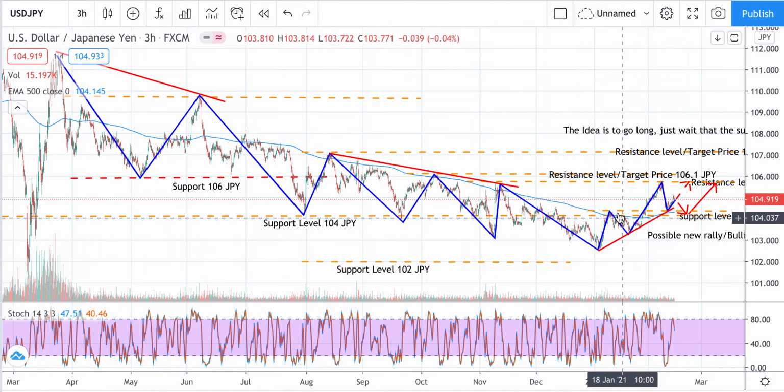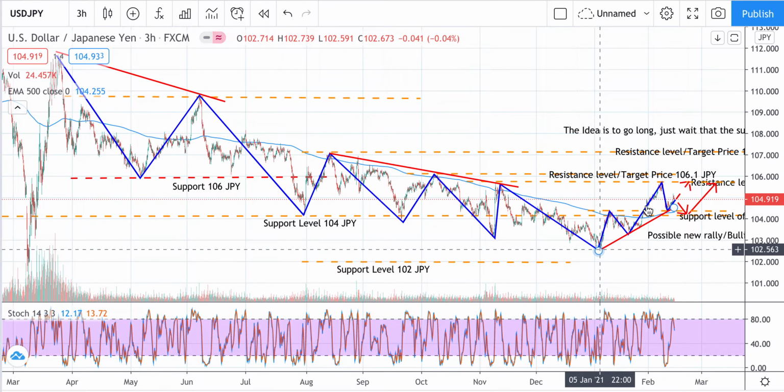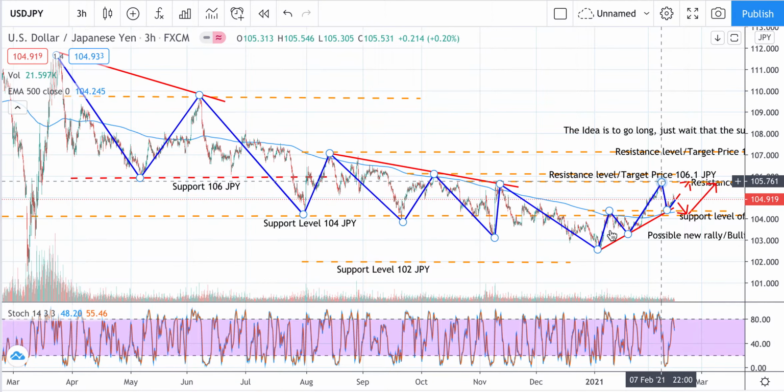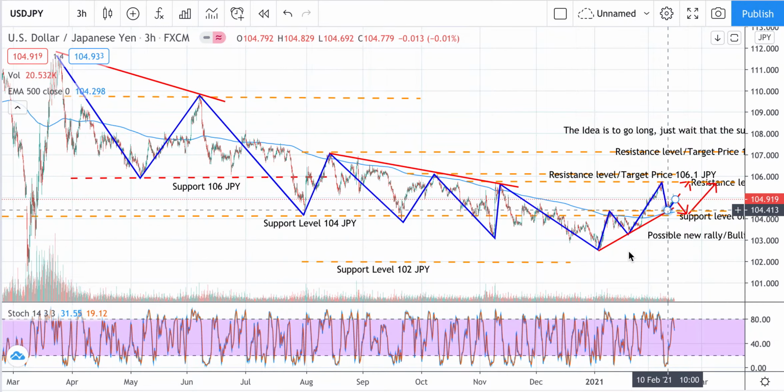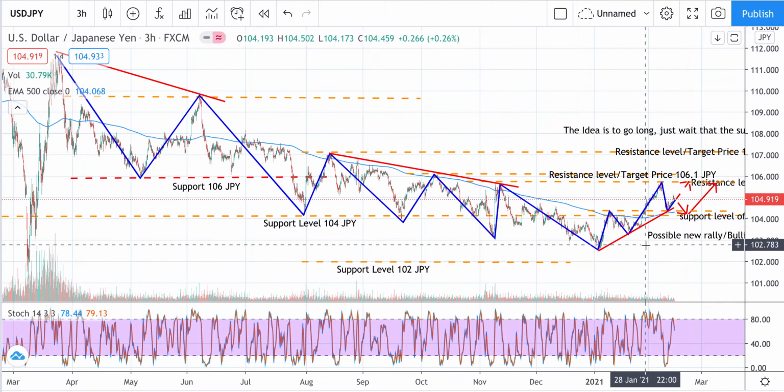Generally what happened is that we have got a new bottom higher than the previous one, and a new peak higher than the previous one, signaling the beginning of a possible new uptrend.